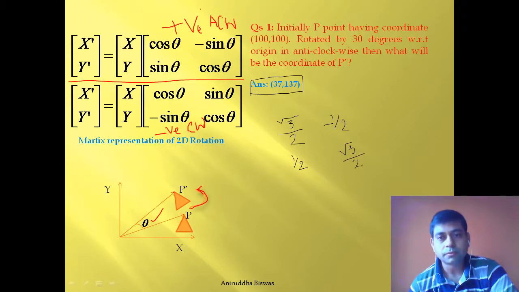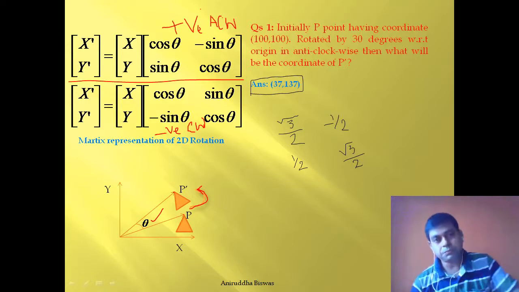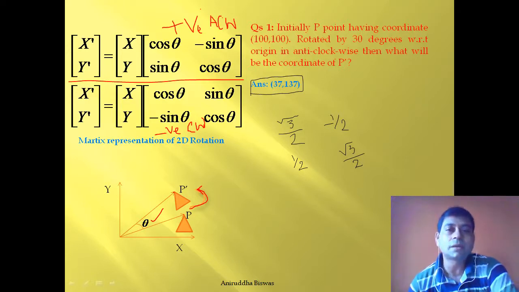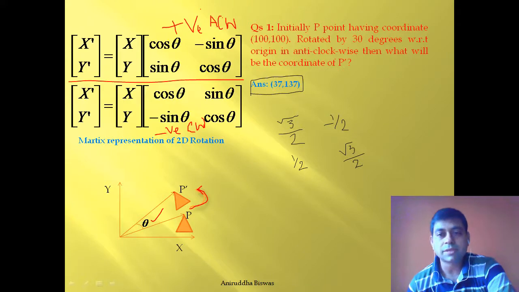Okay, so √3/2, the value comes to somewhere around 0.87. Okay, 0.87. So 0.87 minus 50, that gives us, you can say, 37. If we calculate it, we will get the exact value like this, 37.